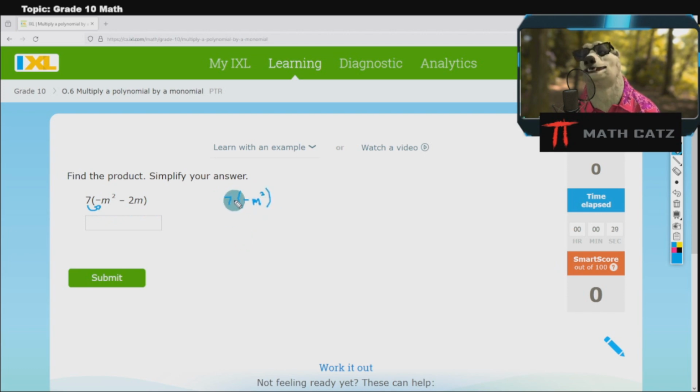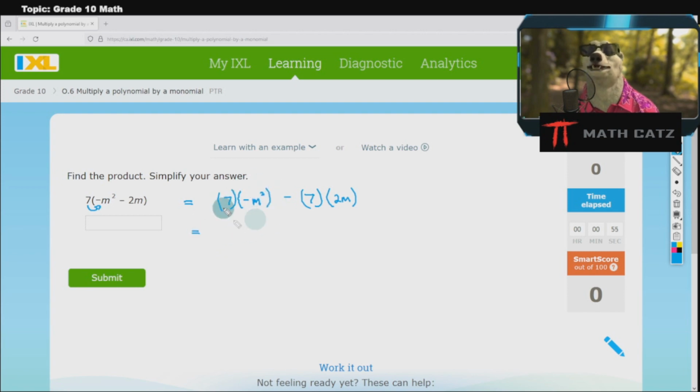You can write the times symbol there. You don't have to. The brackets do the same thing, especially to make it clear what is being multiplied. Minus 7 times 2m. Multiplication symbol in there if you feel like it. So that's an equal like that.